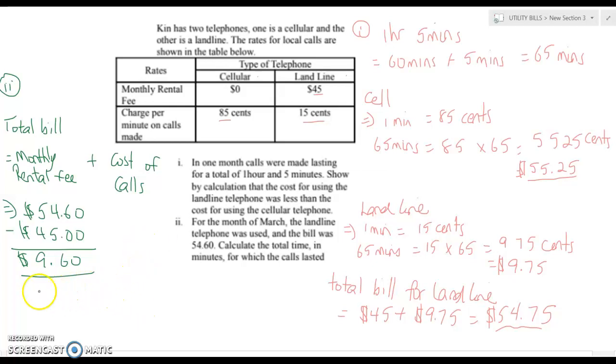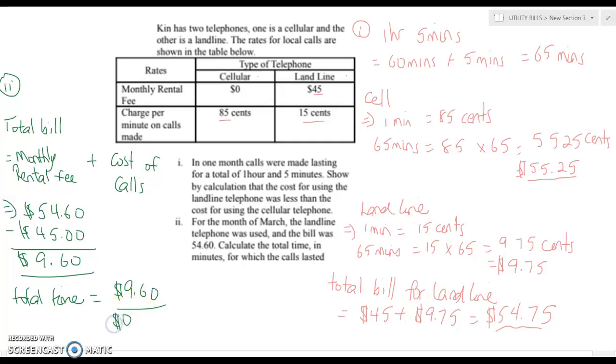Now remember that you want to calculate the total time in minutes. So the total time will be that $9.60 divided by how much is it per minute for the landline? It's 15 cents, right?